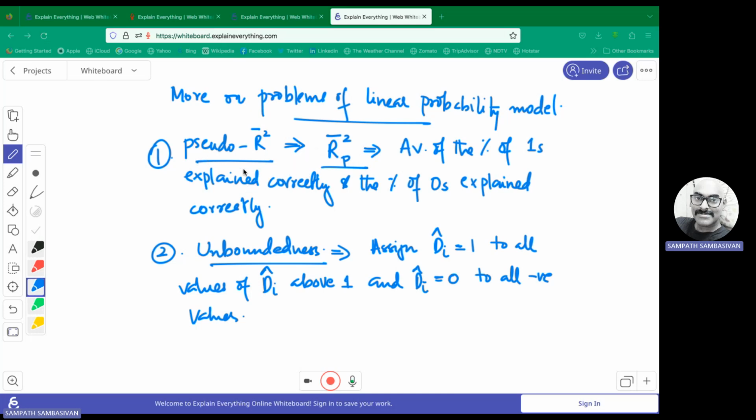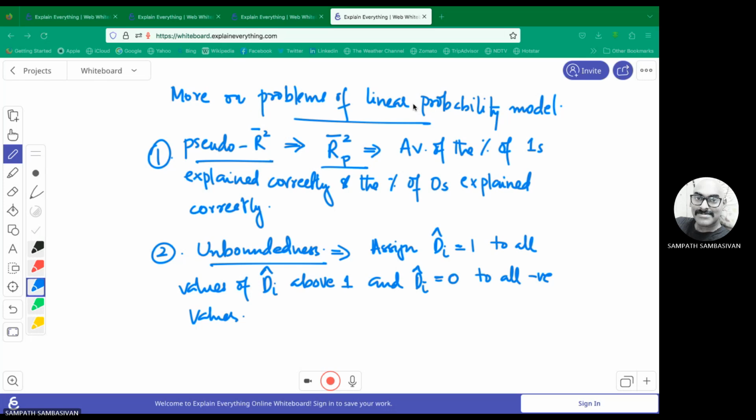We are not going to get into the technicalities of this because that would entail a deeper discussion. As of now, understand that pseudo R squared is simply the average of the percentage of ones that are explained correctly and the percentage of zeros that are explained correctly. Dummy variables take a value 0 or 1.